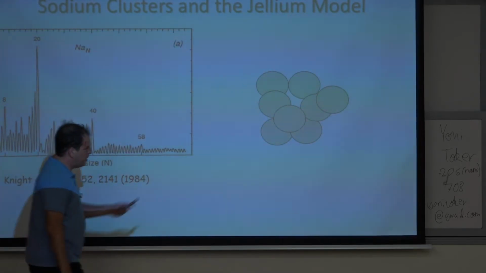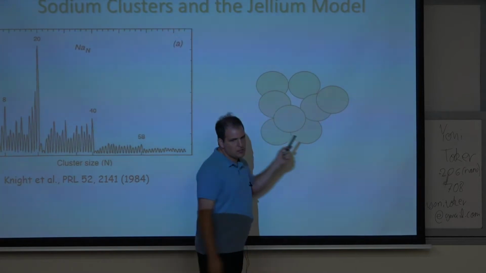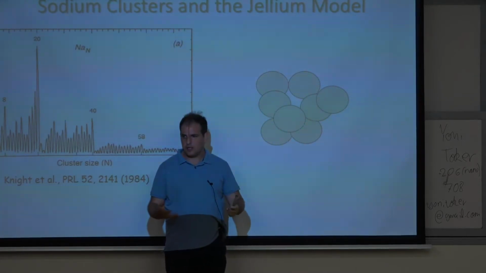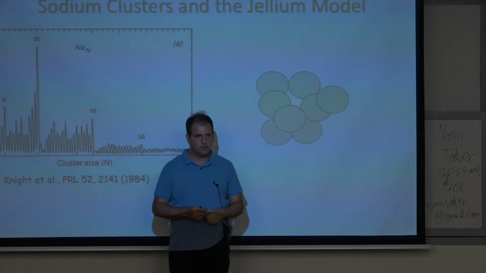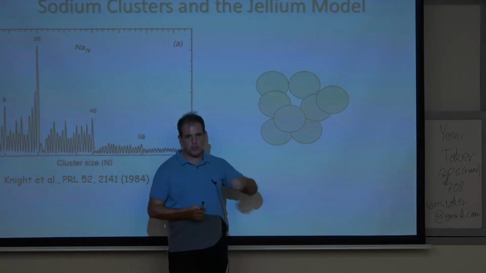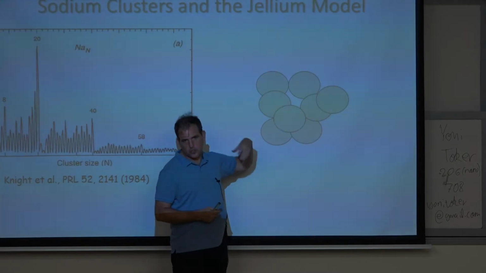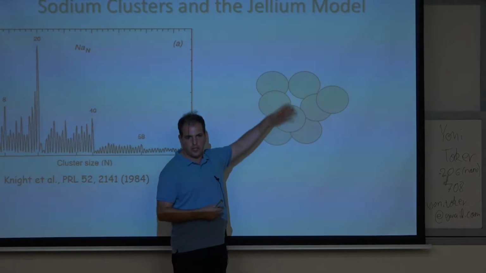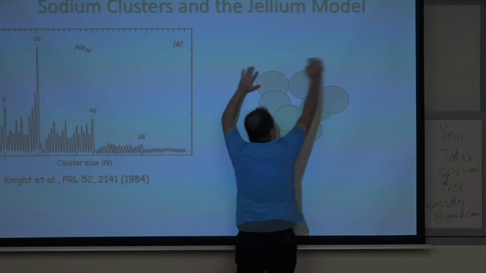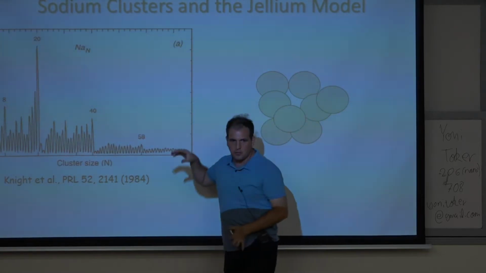So we have the atoms. Every atom donates its valence electrons. Do you know what a valence electron is? Okay. So in the case of sodium, sodium has one valence electron, and so each atom donates one electron to the cluster, and these electrons are like a blanket that surrounds the atoms.